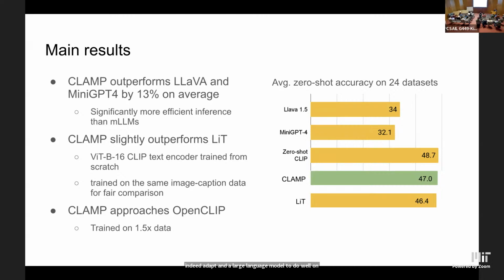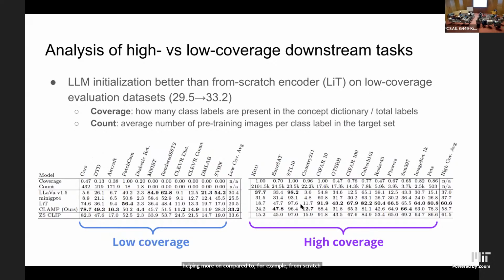However, we wanted to dig a little deeper and see which datasets in particular the model helps more on, compared to, for example, from-scratch encoder training. So we did this analysis where we split our datasets into high versus low coverage.